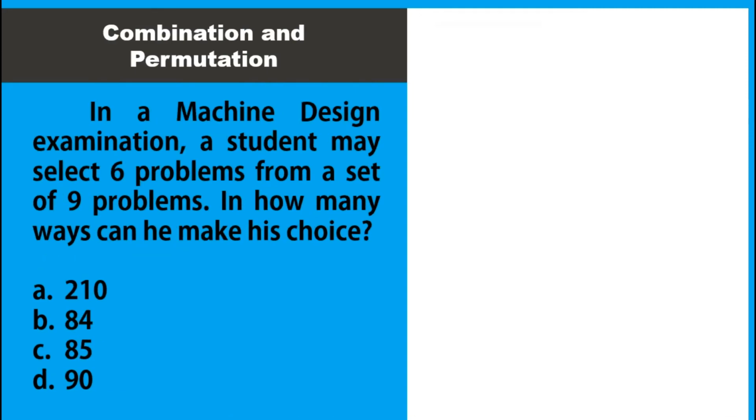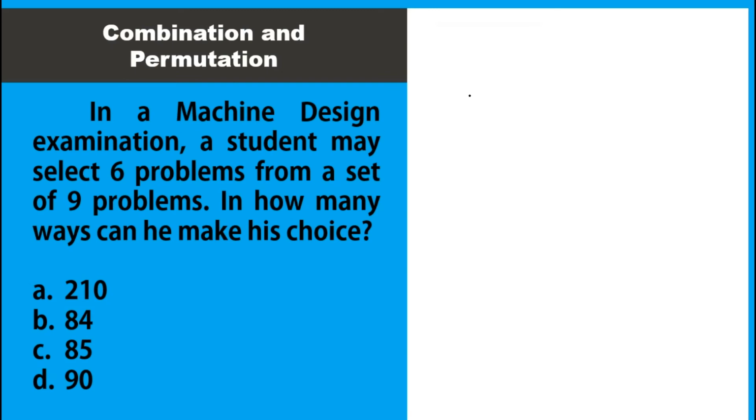For the next problem, in a machine design examination, a student may select 6 problems from a set of 9 problems. In how many ways can he make his choice? This problem is a combination problem, since even though the student chose 6 different problems in 6 different orders, it is always considered the same set of problems.